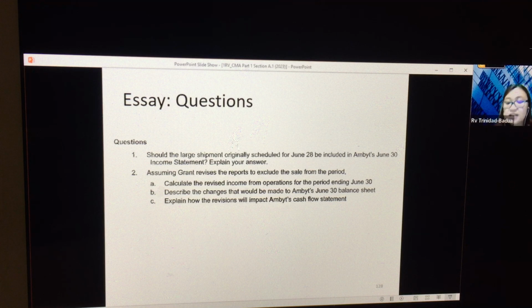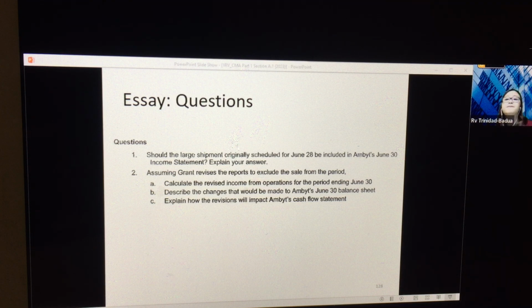Hindi din. The reason for the delay in the delivery has no bearing doon sa whether i-recognize mo ba siya na revenue or not. Kasi kahit ano ba yung reason, basta ang sabi sa revenue recognition natin, when the product is delivered, we recognize the revenue. When it is not delivered, we do not recognize the revenue, regardless of the reason for the delay.